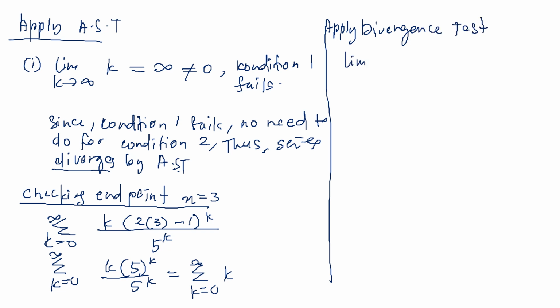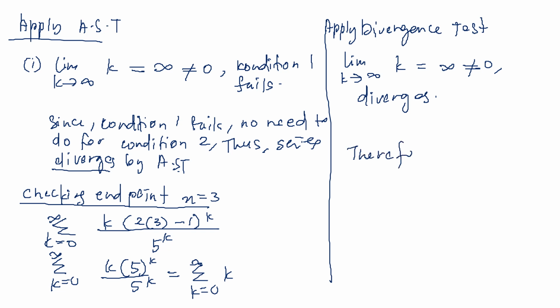For the divergence test, limit k approaching infinity. This one is k only. The function is k, so the answer you will get is infinity, which is not equal to 0. Therefore, it diverges by the divergence test.